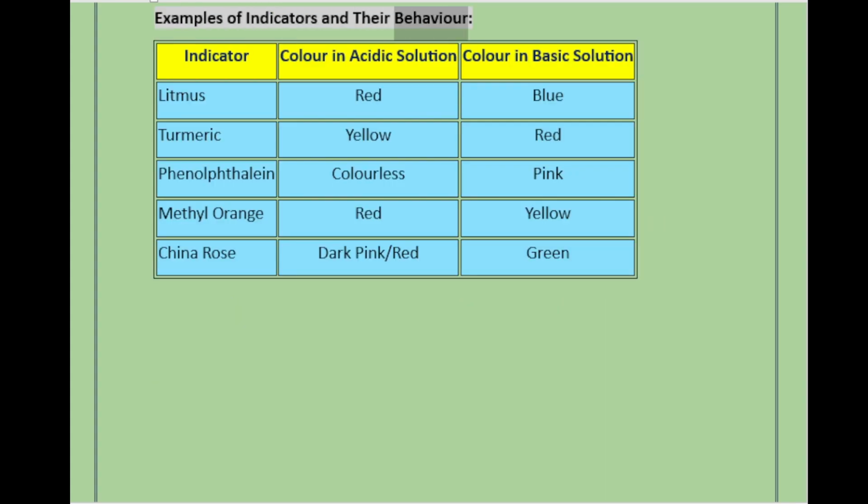Examples of indicators and their behavior. Indicator, color in acidic solution, color in basic solution. Litmus: red, blue. Turmeric: yellow, red.